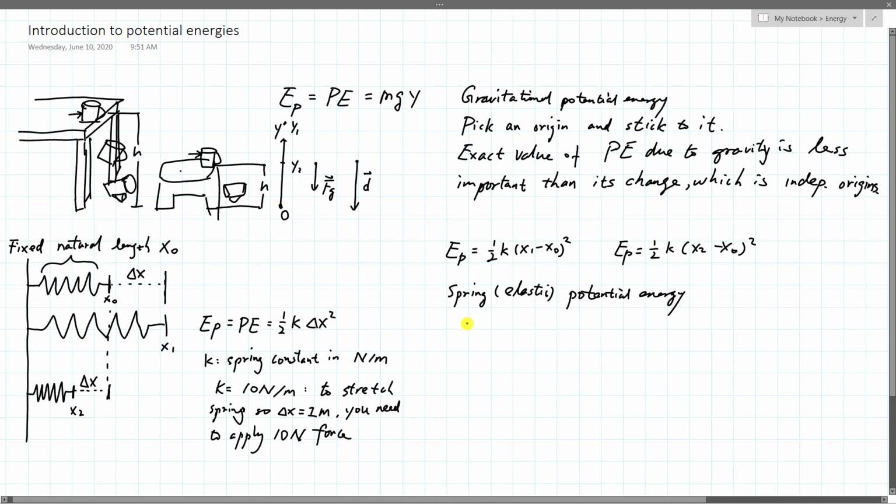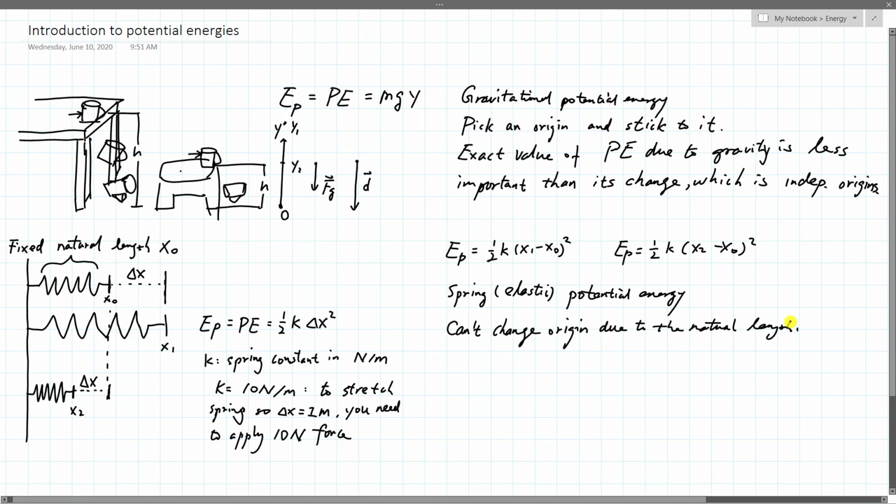So let's say you can't change the origin because of the natural length, unless you want to change them both, right?